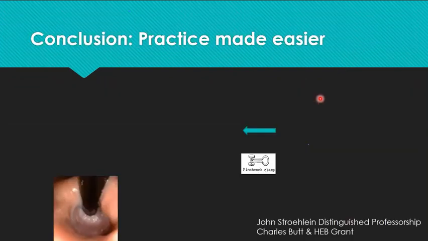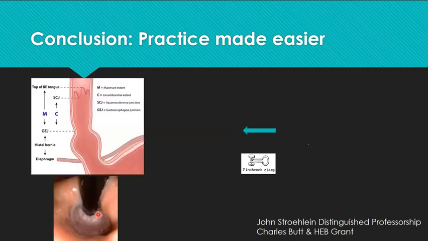Conclusion: practice makes it easier. Whenever we are going to finish our gastroscopy, we may see that kind of hiatal hernia. If you see that, please imagine like this. For me, I never look at my endoscope. I always ask my nurse, what centimeter am I?